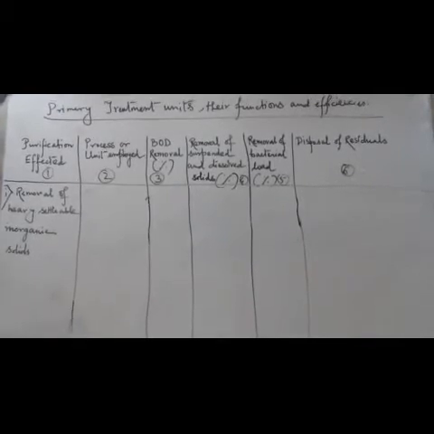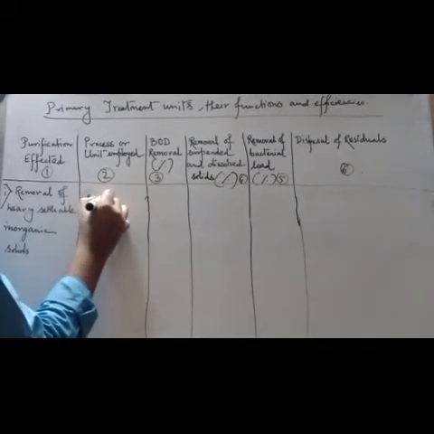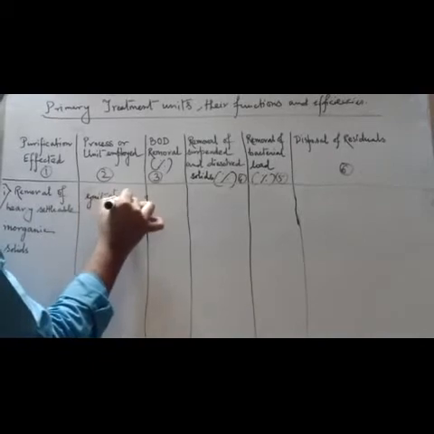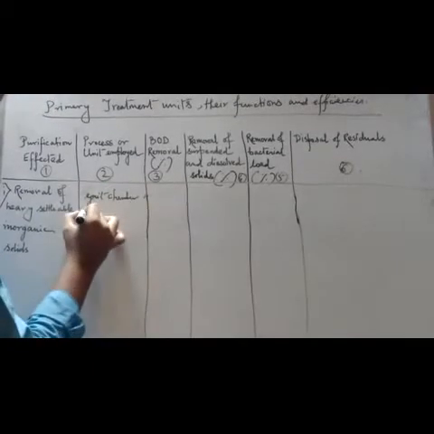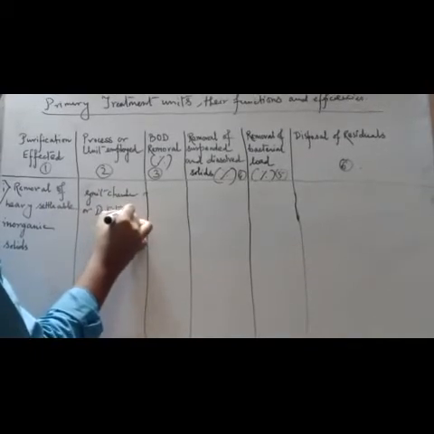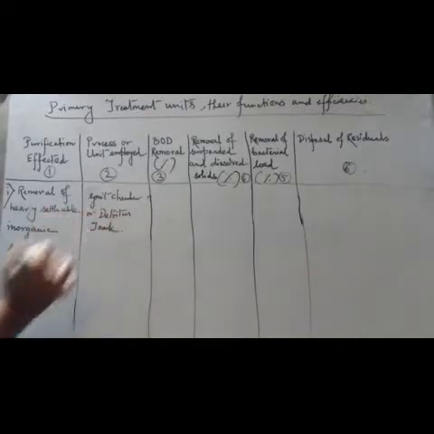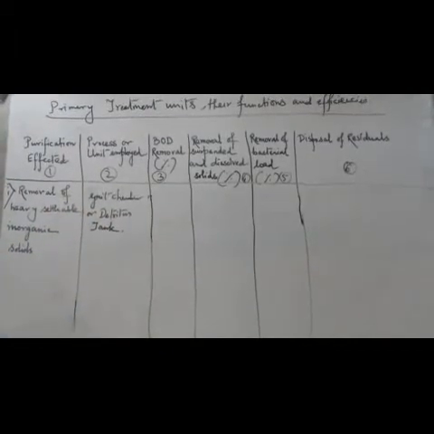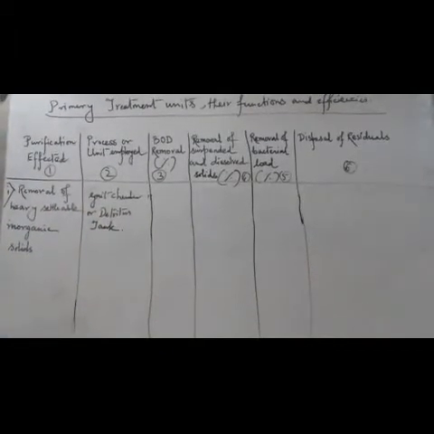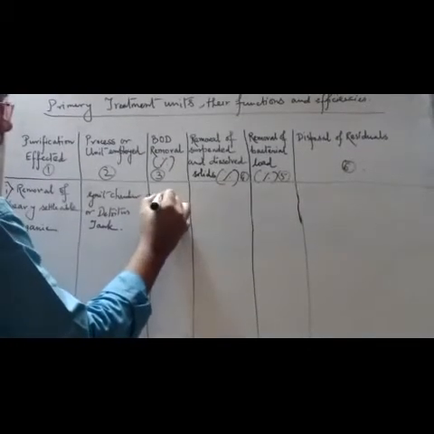And which unit is actually involved in this criterion? That is the grit chamber or detritus tank. So please write down grit chamber or detritus tank. And how much BOD can be removed? That is 10% to 20%.